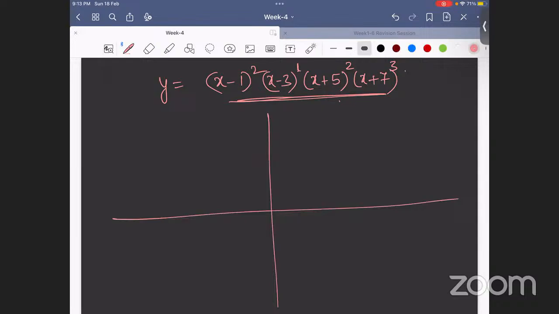So what's the first thing that I told you? Can somebody tell me what is the first thing I told you to calculate? The degree. Yeah, correct. So you have to calculate that first. Multiplicity also you can check: 1 has 2 multiplicity, 3 has 1 multiplicity, x equals -5 has 2 multiplicity, and x equals -7 has 3 multiplicity.